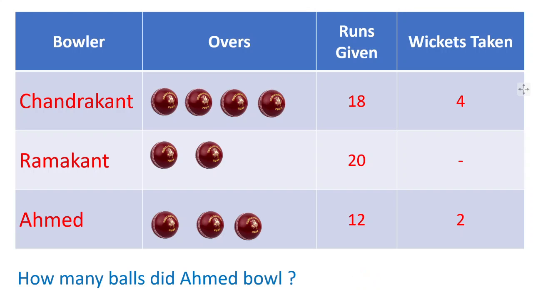Another question can be, how many balls did Ahmed bowl? They are not overs. Here we know that he bowled 3 overs, so 3 into 6, 18 balls. Right? So a pictograph is a representation of data in the form of pictures.